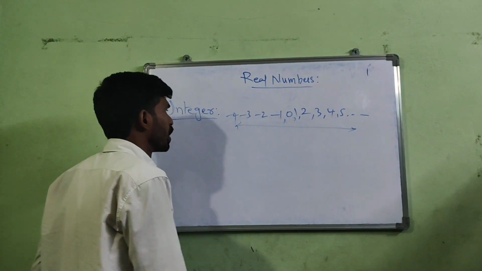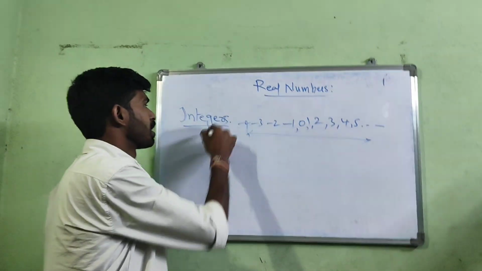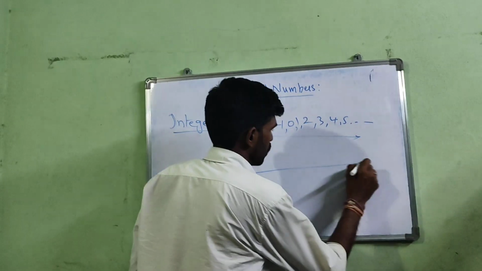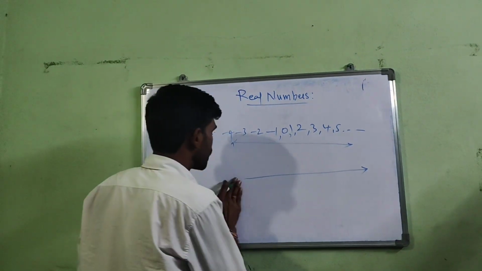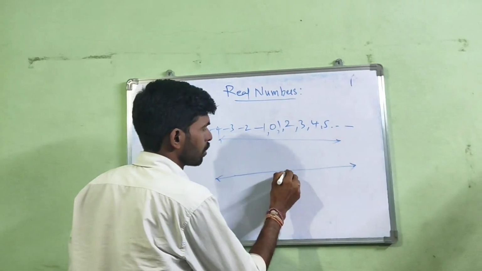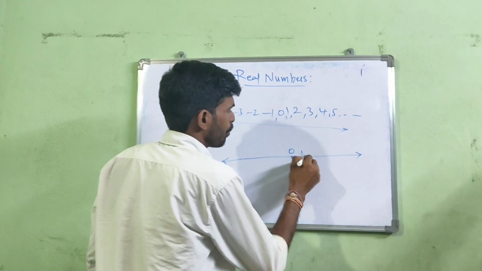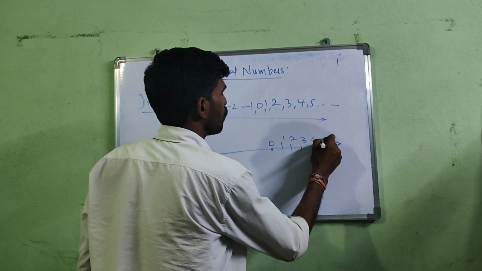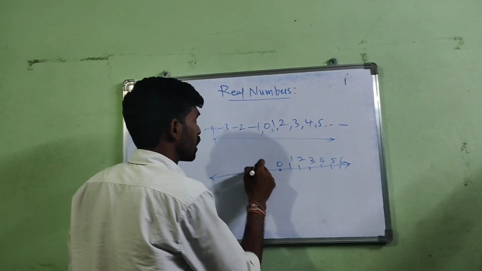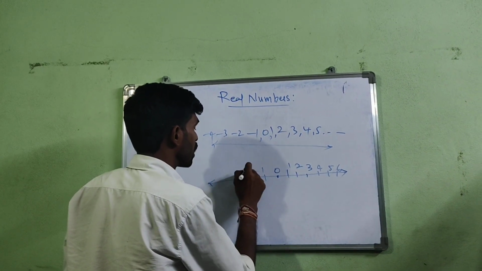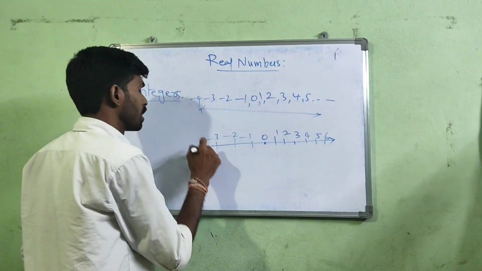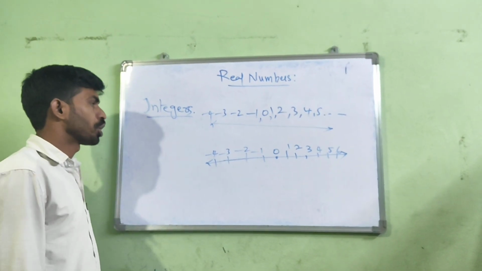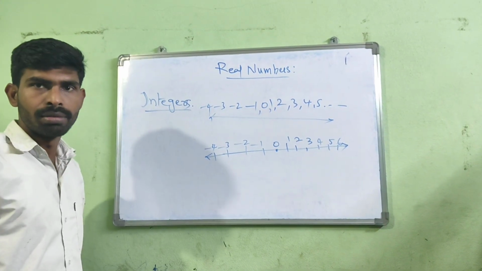These all numbers we call integers. If we denote these integers on a number line, you can write this is 0, 1, 2, 3, 4, 5, 6. Here is -1, here is -2, -3, here is -4. This is the representation of the integers on the number line.